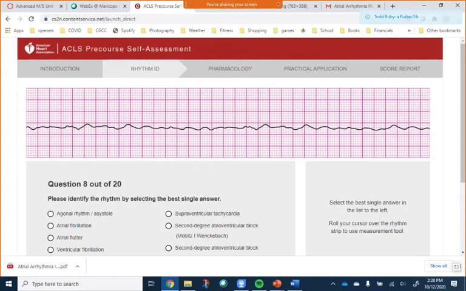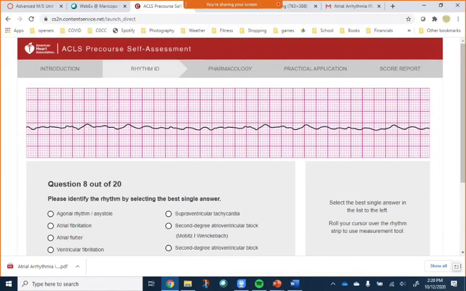So why do we want to call it a flutter? Do we have a normal narrow QRS? Because remember, to put it in the atrial category, we need a normal narrow QRS. Yeah, I'm kind of going with, we don't want to call this one anything atrial because I don't have a QRS that I can see.